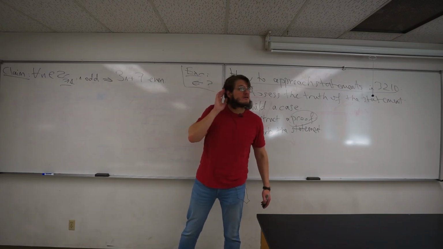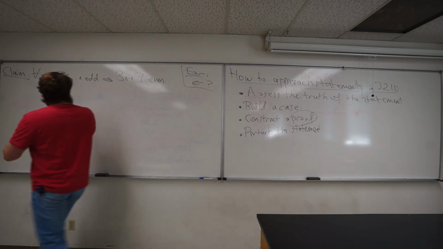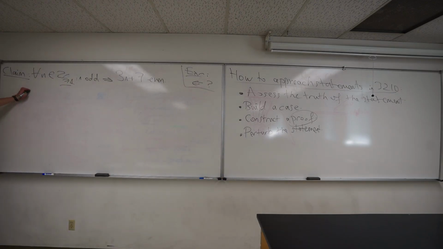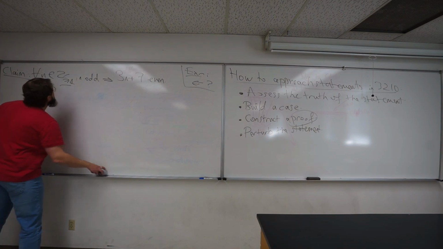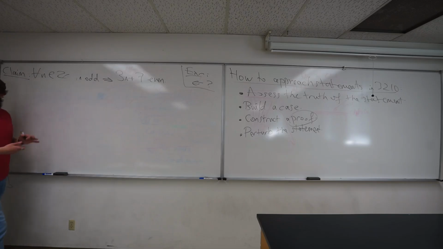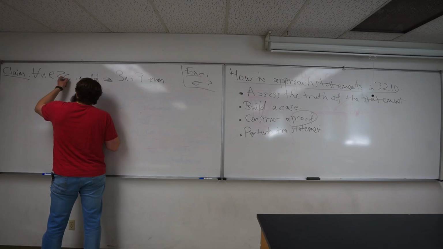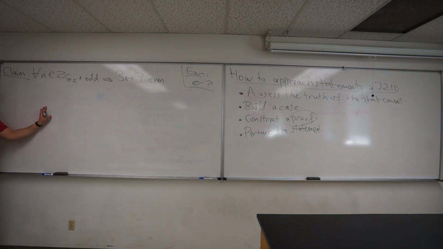Is that supposed to be E or N? After the N, there's for all n, in the integers. I guess you mean this. So this is the set of integers. I use a subscript greater than or equal to 1. So 1, 2, 3, whatever.